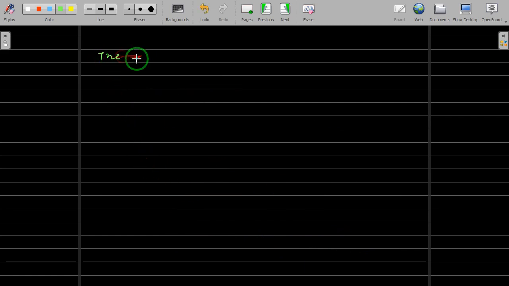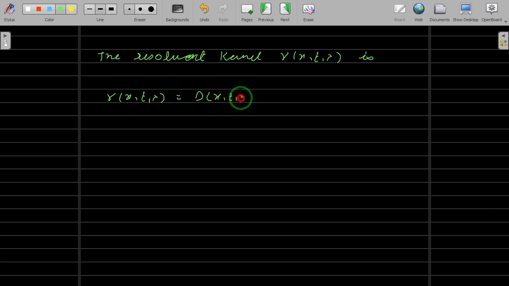Once we have this d lambda and d of x comma t comma lambda, you can easily get the resolvent kernel. The resolvent kernel gamma of x, t, lambda is given by gamma of x, t, lambda is equal to d of x, t, lambda divided by d lambda, and just now we have found the values of d of x, t, lambda and d lambda.